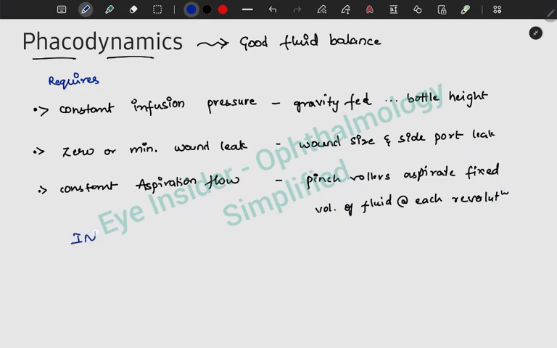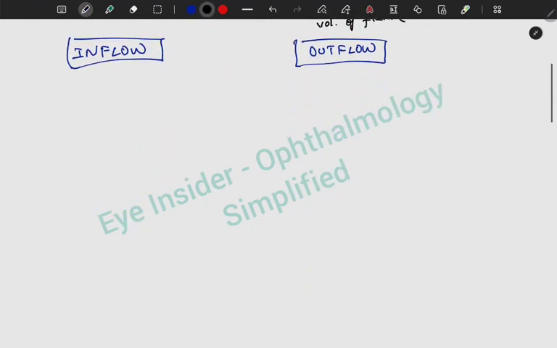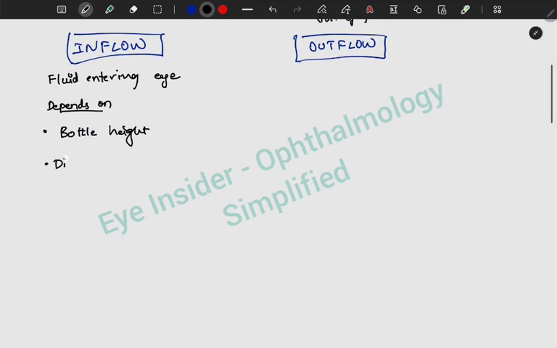Now we'll discuss in depth the inflow and the outflow components of phacoemulsification. The inflow is the amount of fluid which is entering the eye, and it in turn depends, as we said, on the bottle height and the diameter of the tubings.